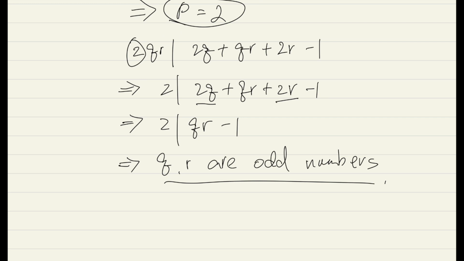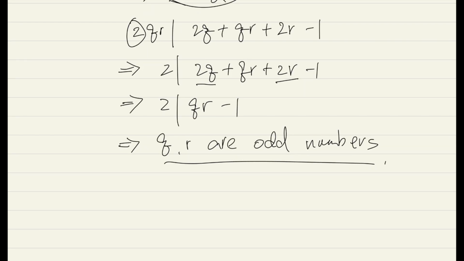Since we tested the 2, similarly we could test QR itself. QR divides 2Q plus QR plus 2R minus 1, and QR also divides QR itself.